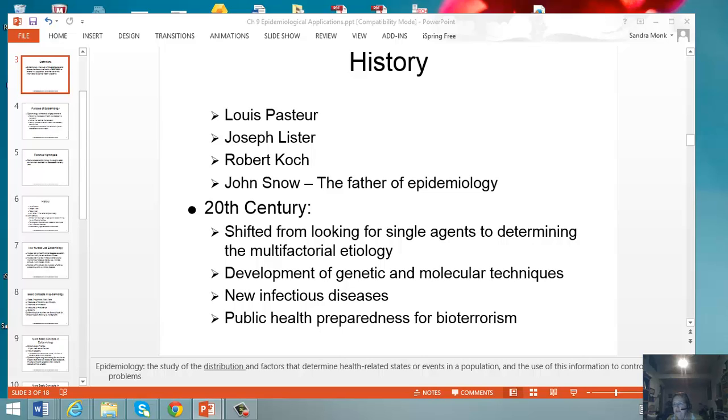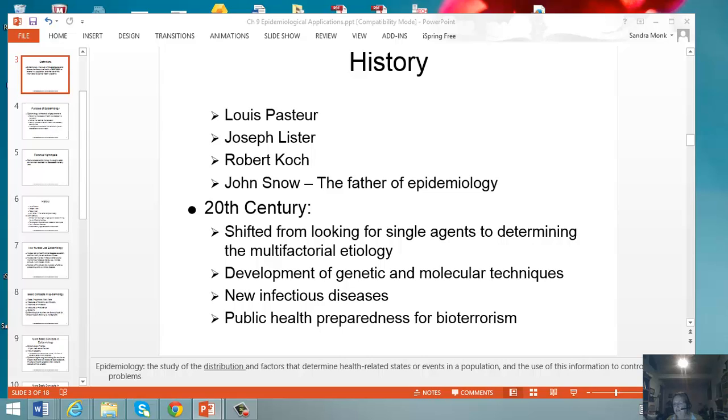In the 20th century, we began to shift from looking at single agents to determining multifactorial etiology. So maybe humidity and bacteria have something to do with a disease outbreak. Maybe certain times of the year or certain geographical areas have something to do with an organism. The development of genetic and molecular techniques has become more prevalent.